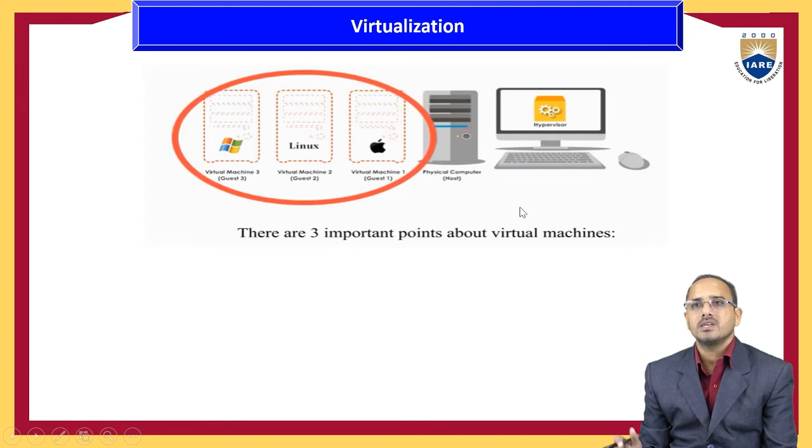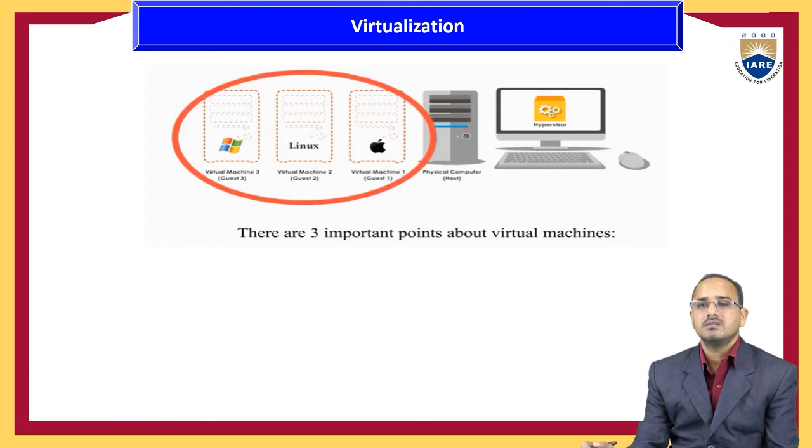The number of virtual machines created depends purely on the maximum capacity to which the physical machine can support, according to the available resources. The hypervisor is a software, so what are the hardware resources supporting the virtual machines?